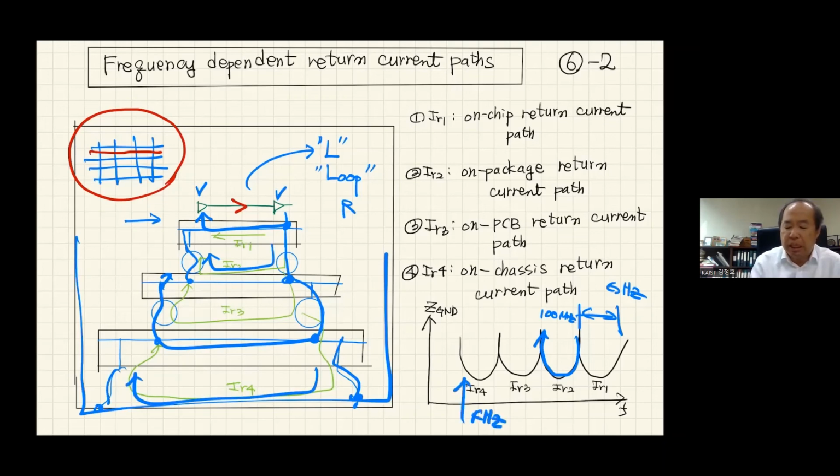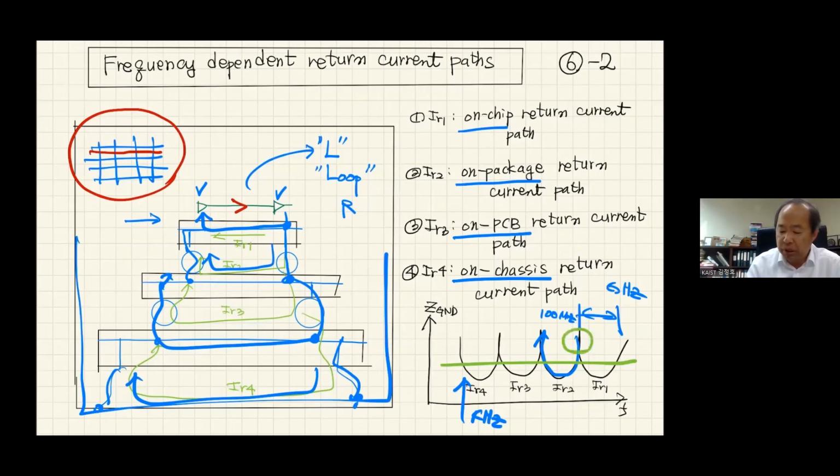So once again, my message here is that depending on frequency ranges, it will go through on-chip interconnection, or sometimes on-package interconnection, PCB interconnection, or chassis interconnection. And you have to design your interconnection so that your impedance is under certain ranges.